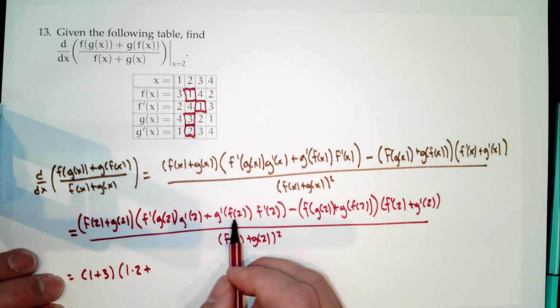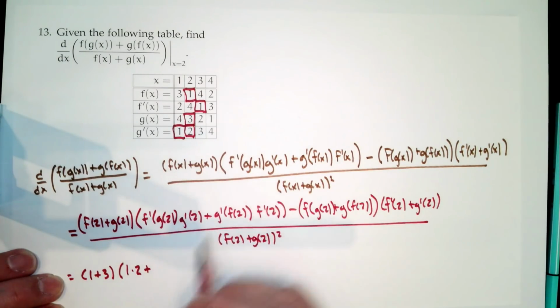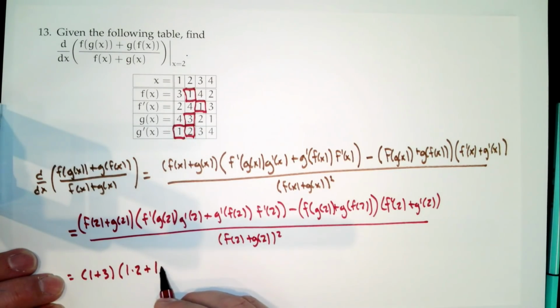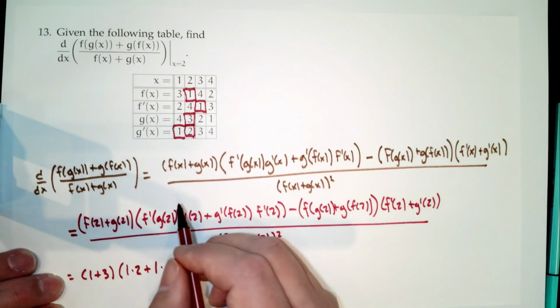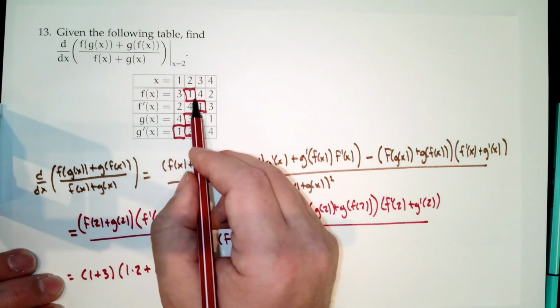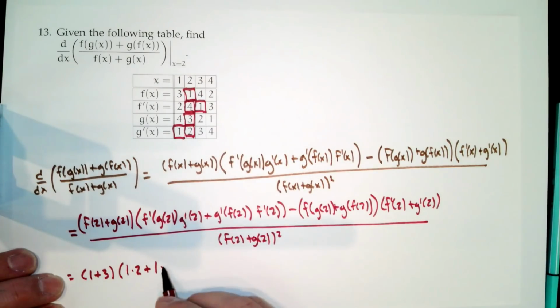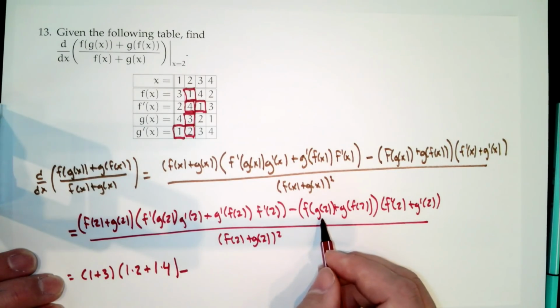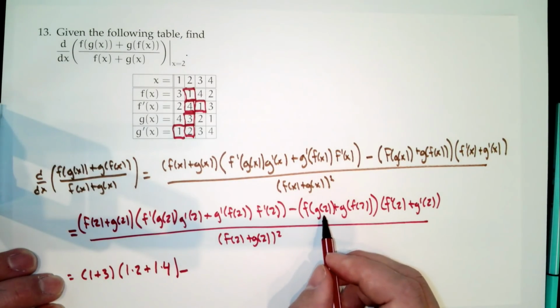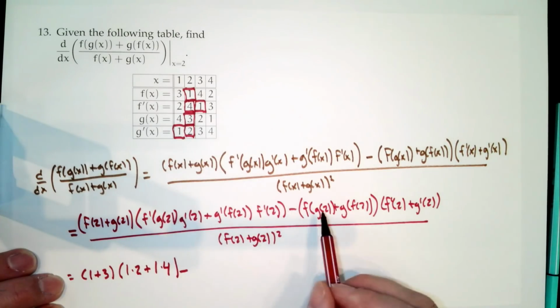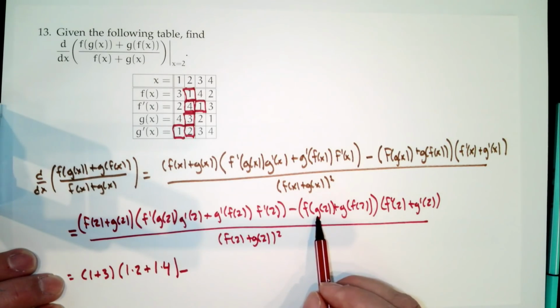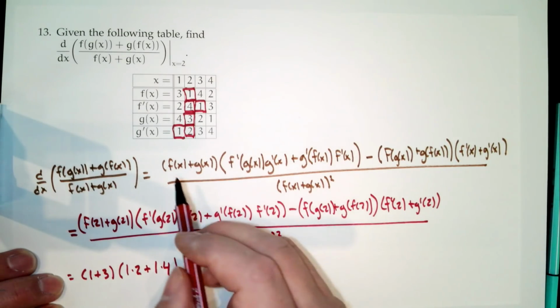So what is g prime of 1? G prime of 1 is also 1. Oh, it's very good. Lots of 1s here. And f prime of 2? F prime of 2 is 4. Okay, good. So there we got g prime of 2, f prime of 2, minus f of g of 2. Well, g of 2, we said was 3. F of, let's see, did I have this right? Yeah. F of 3 is what?